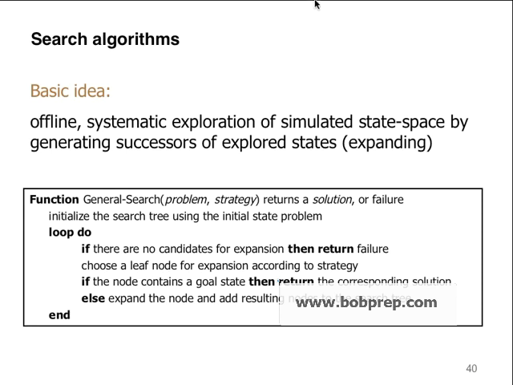It's going to be a systematic exploration of simulated state space by generating successors of explored states, expanding the states. So we can simulate this space by expanding or sampling the space. What's the space?